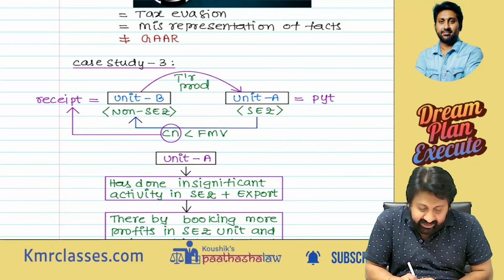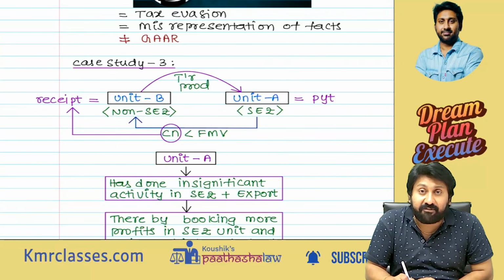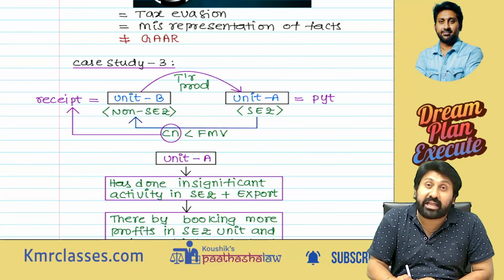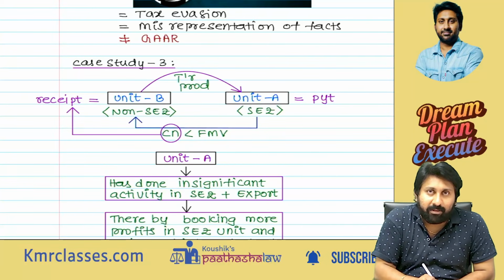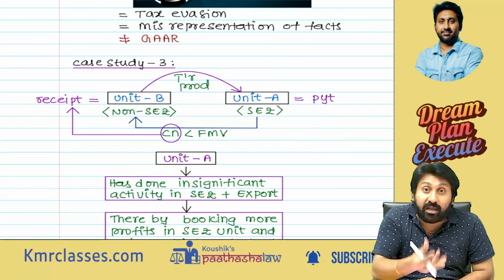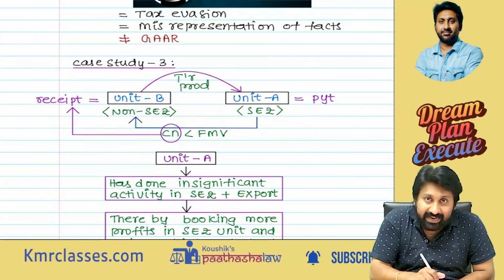So since the consideration is less than fair market value, for example, the fair market value of that chemical is 10 crore, I will pay only 2 crore to them. It means the income generated by Unit B will be underreported. Because of that, they will pay less tax.